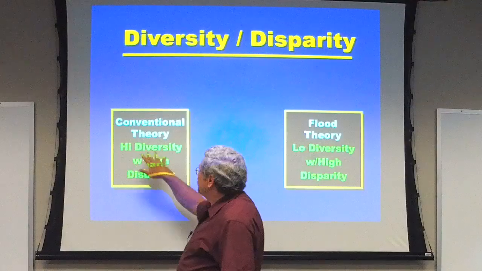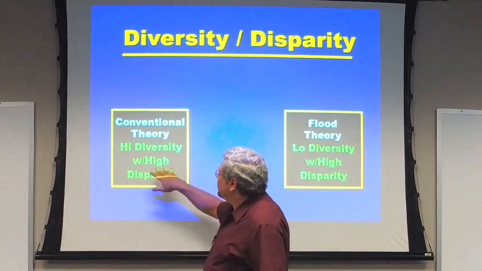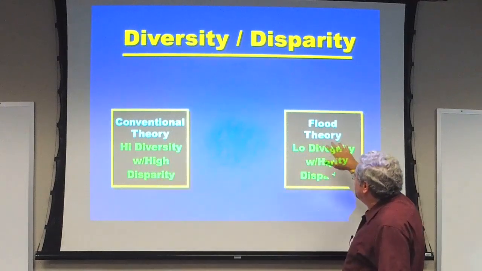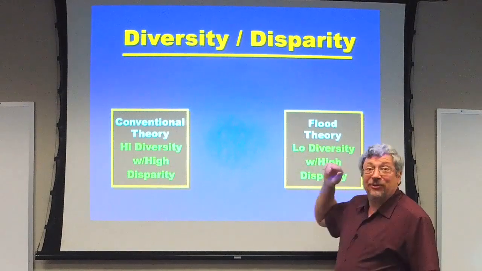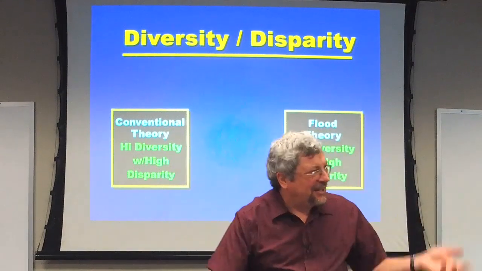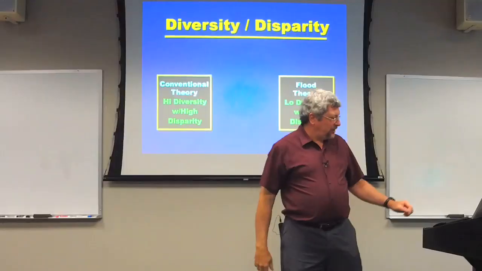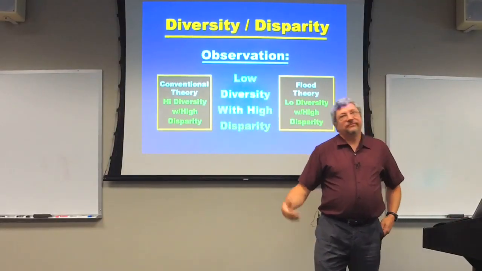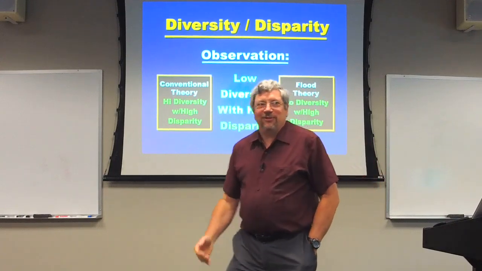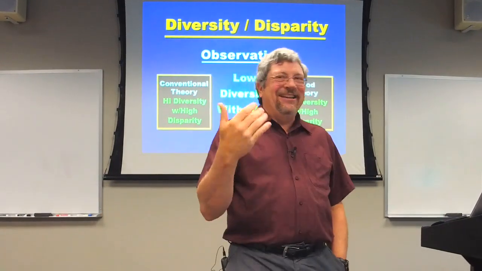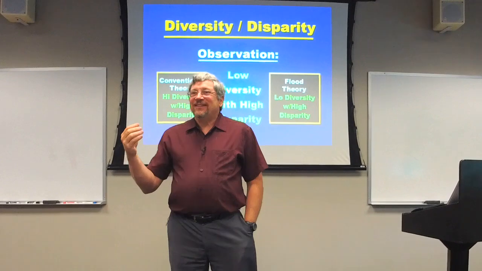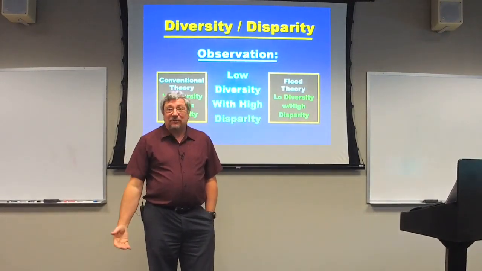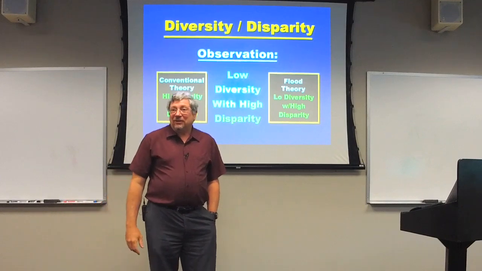You have high diversity comes before disparity in the conventional model, and high disparity comes before high diversity in the creation model. What do you actually see? The observation is, you already got the idea here in this talk where these things are going to go. It is, from the beginning, the fossil record shows extremely high disparity with low diversity.